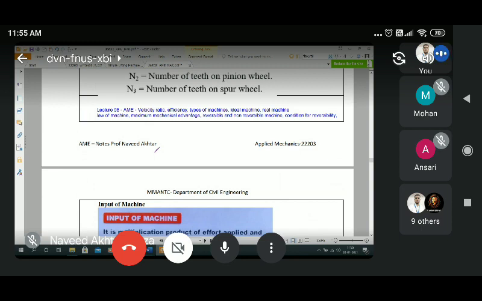Then we have seen maximum mechanical advantage, maximum efficiency, and reversible and non-reversible machines. And also we have seen the conditions of reversibility and non-reversibility based on the efficiency.